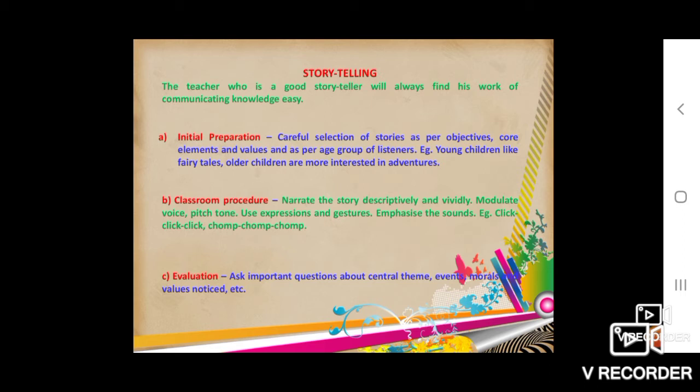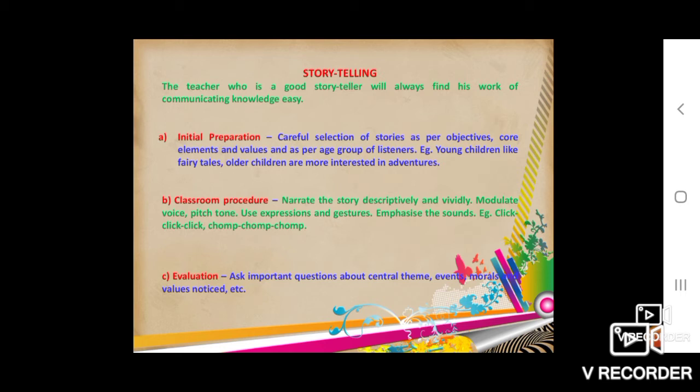Next, the classroom procedure, where you need to narrate the story in a descriptive and vivid manner. What is expected is that there should be modulation of voice, a change of speech, pitch and tone. While narrating the story in the classroom, expressions and gestures should be used by the teacher himself or herself before the students.